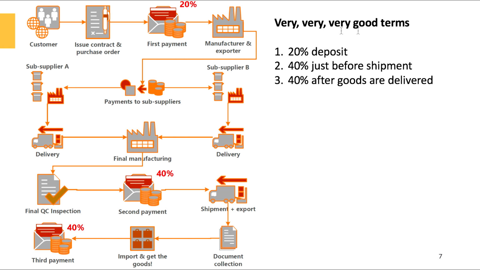Very, very good terms. It's the same as the last graph that I showed, except that here the first payment might be 20% instead of 30%. Here, second payment is before shipment, but is only 40%. And then you get the goods in your hands and you do the third payment of 40%.